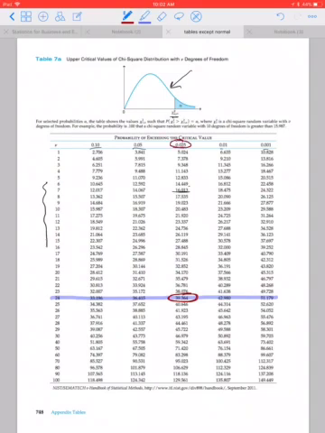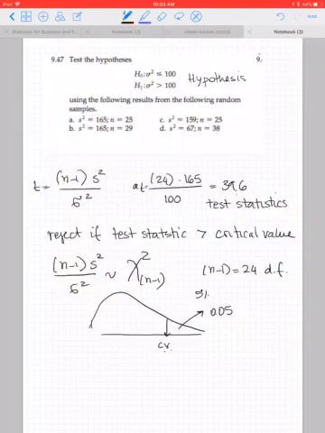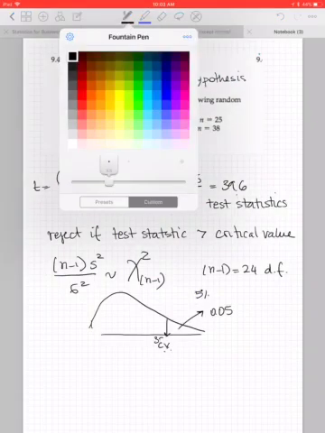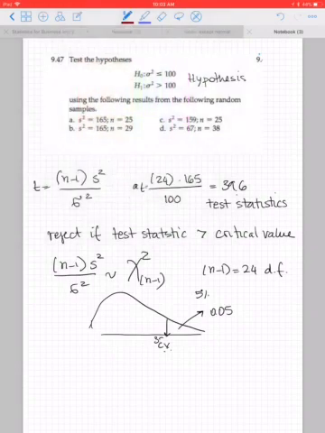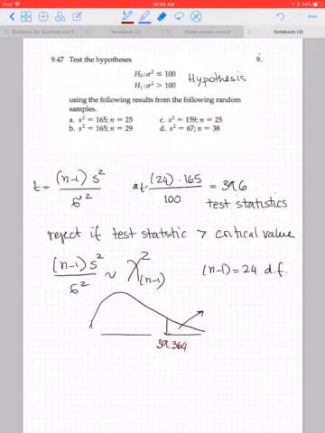Here I have that 39.364 leaves this area to the right that is about 0.025 or 2.5%.